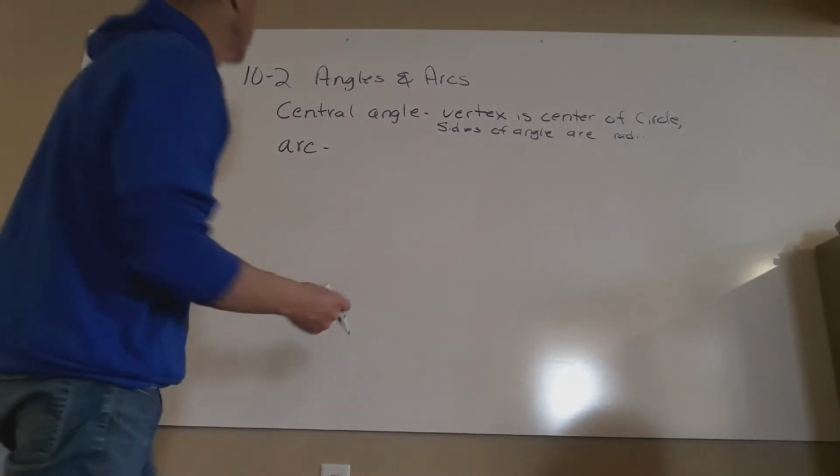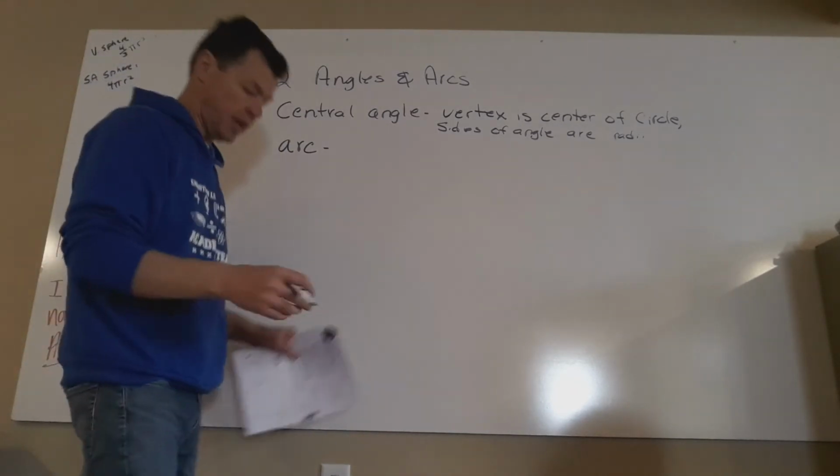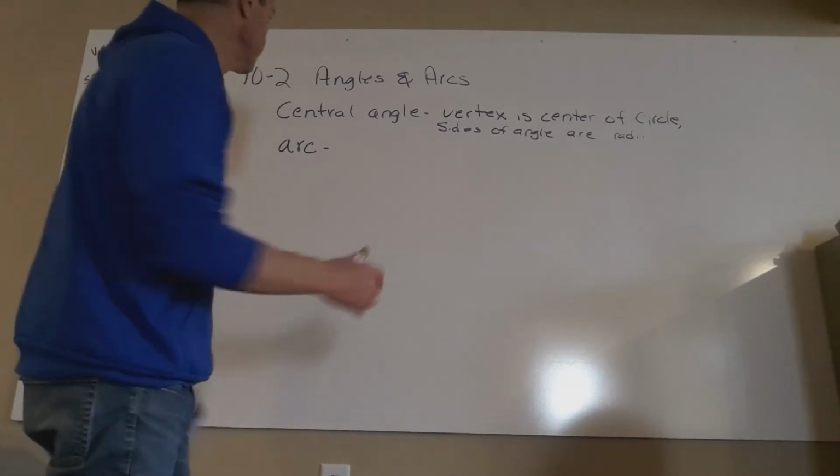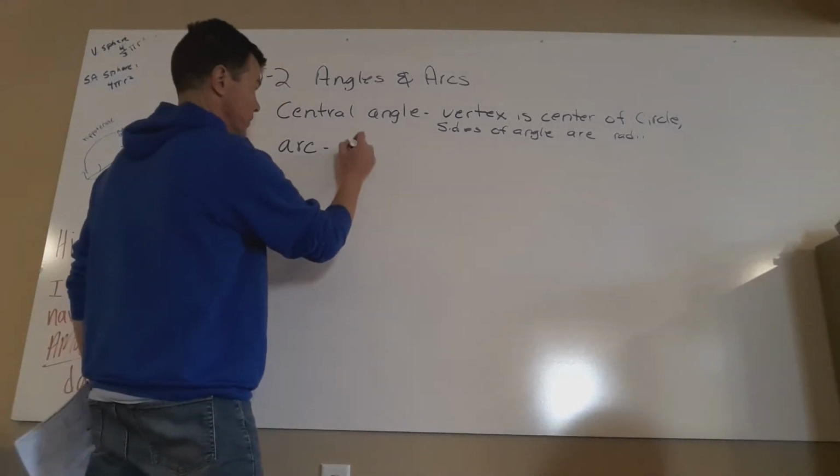And then an arc is just a portion that's on the circle, or it's just part of the circle.